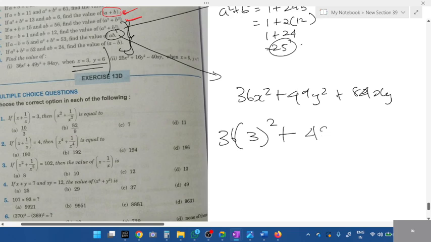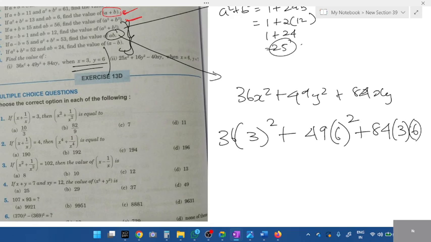What is y? y is equal to 6, right? Plus 84 into what you have to multiply? 84 into 3 into 6. Just multiply the values x and y. Okay, this is how you solve. I'm going to skip this. If they give such a question, try it later.